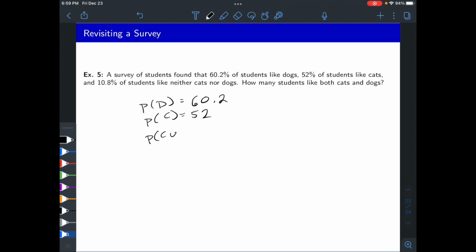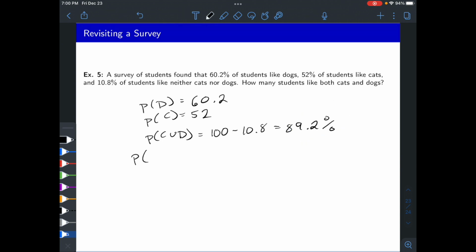And so that would be C union D. So for students that like cats or dogs, that percentage would be 100% of the population minus the 10.8% of students that don't like either of them. And then you'll be left with students that like cats or dogs. This is equal to, well, 100 minus 10 is 90. Take away another 0.8, you're at 89.2%. So the percentage of students that like cats or dogs is 89.2%.